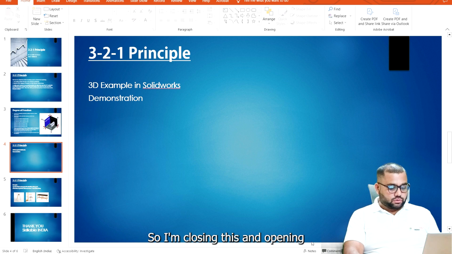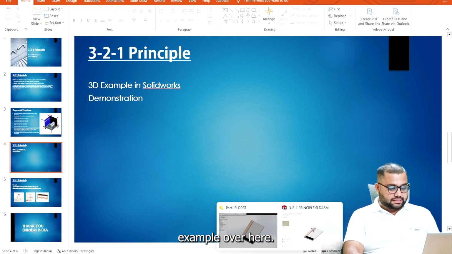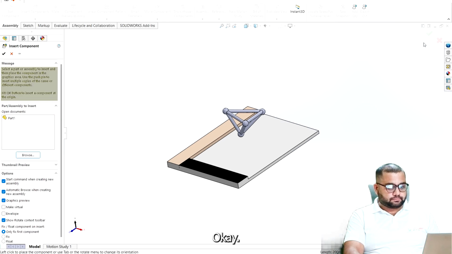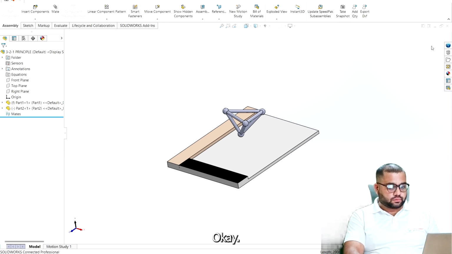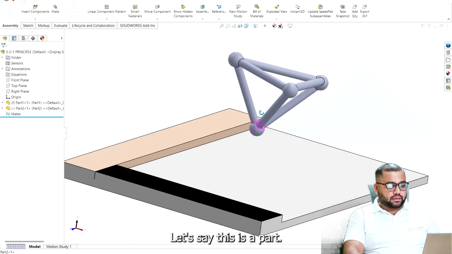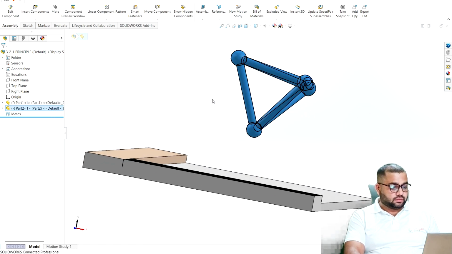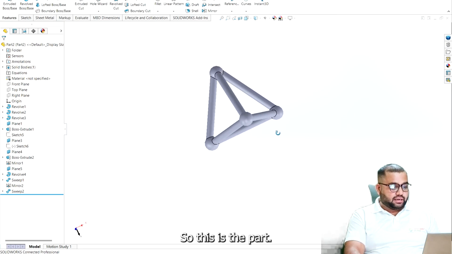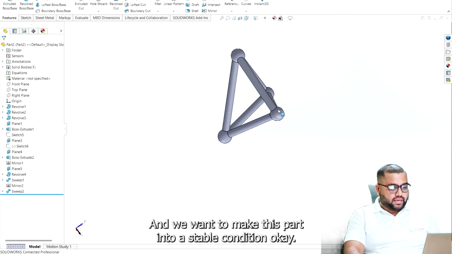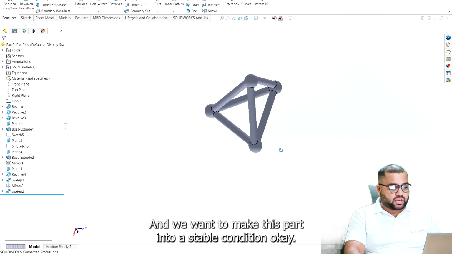So I'm closing this and opening an example over here. Let's say this is a part. We are considering this part, and we want to make it stable.